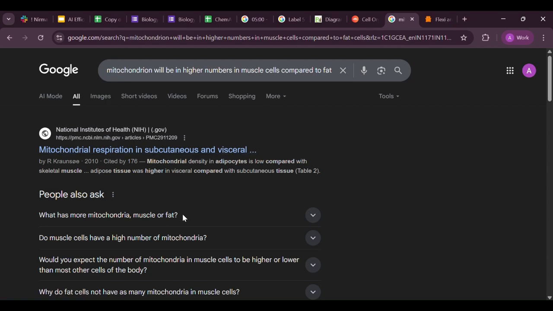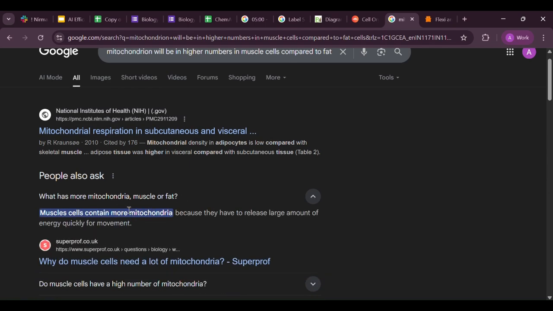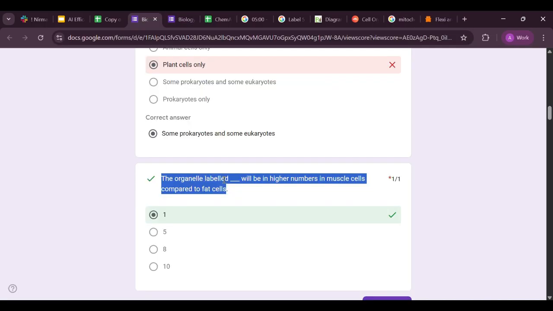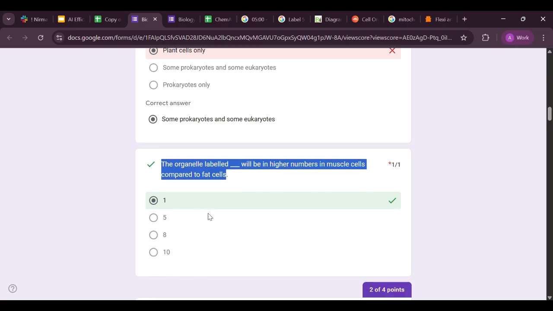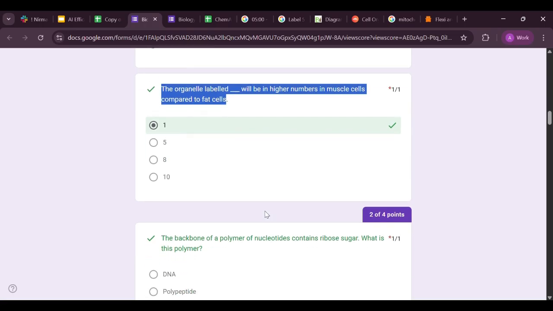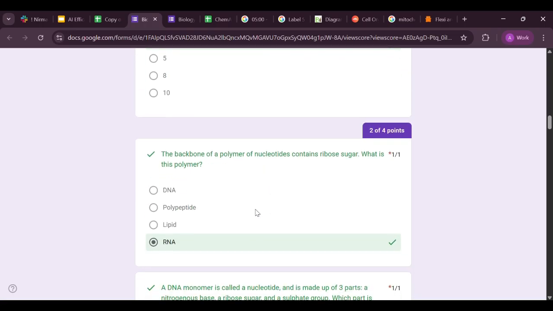Muscle cells contain more mitochondria because they have to release a large amount of energy. Okay, from here we can see mitochondria will be in higher numbers in muscle cells. Yeah, it is the correct answer that is given by Google as well and by me as well.